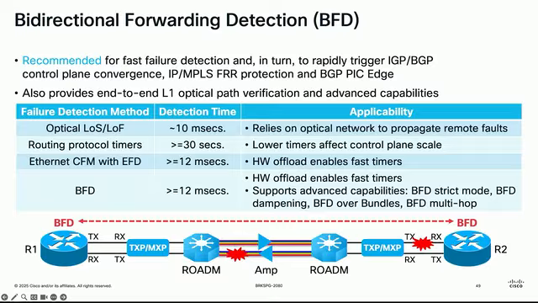However, BFD has more advanced capabilities. You can use BFD strict mode. You can have multi-hop BFD, single-hop BFD. So we highly recommend that you use BFD to detect the failure so that, once failure is detected, BFD can notify the upper layer protocols.